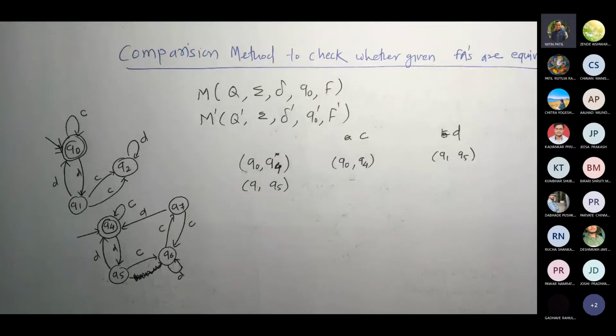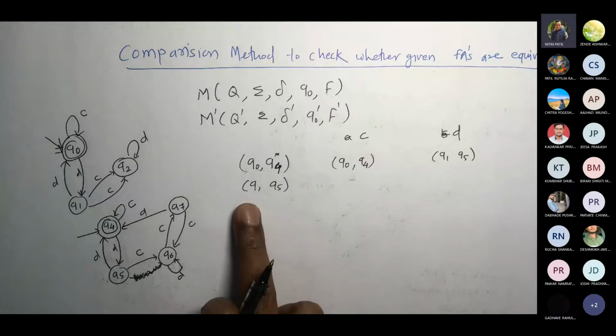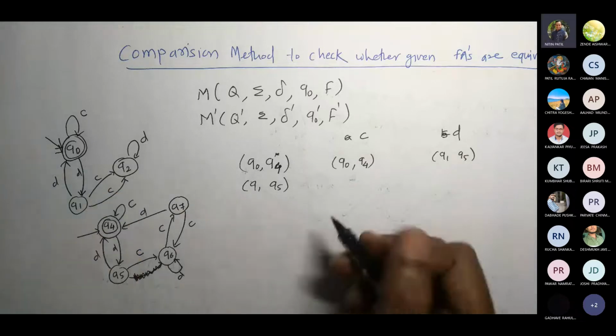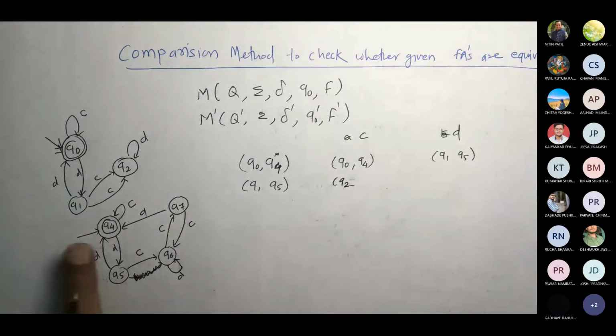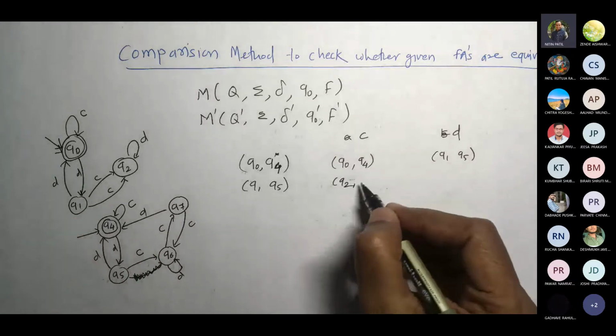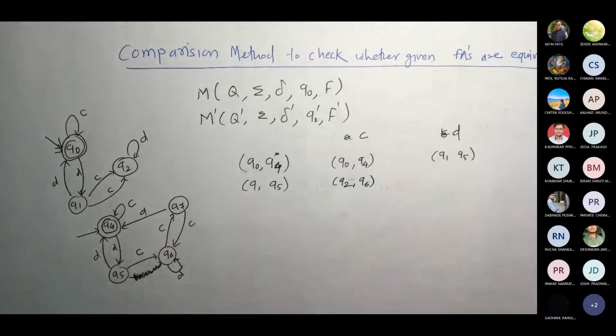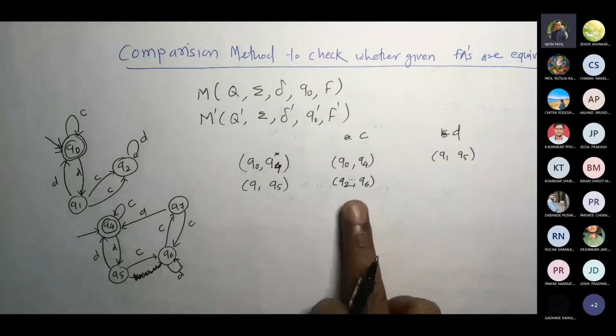Q1C is Q2, and Q5C is Q6, correct? Good. So are they final or non-final? Non-final. Both of them are non-final. Good. So let us not worry much about it.